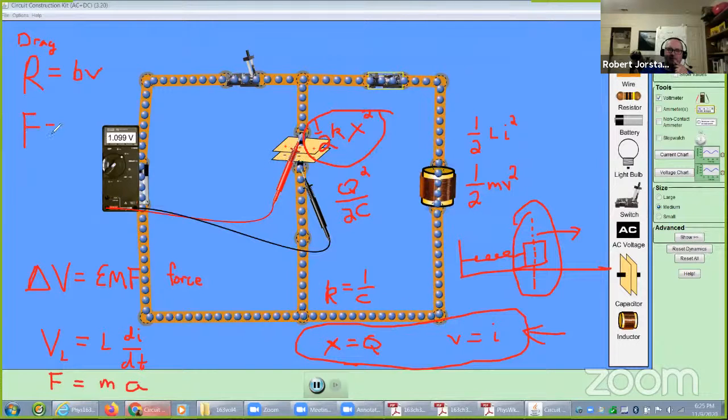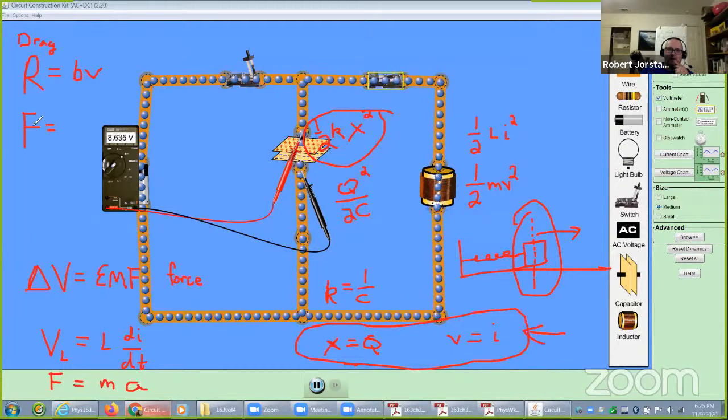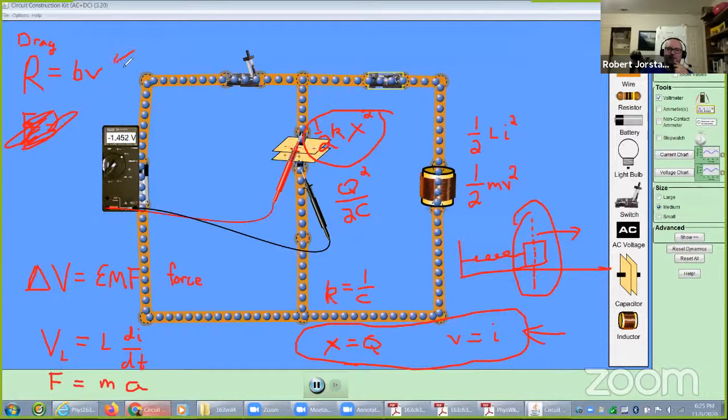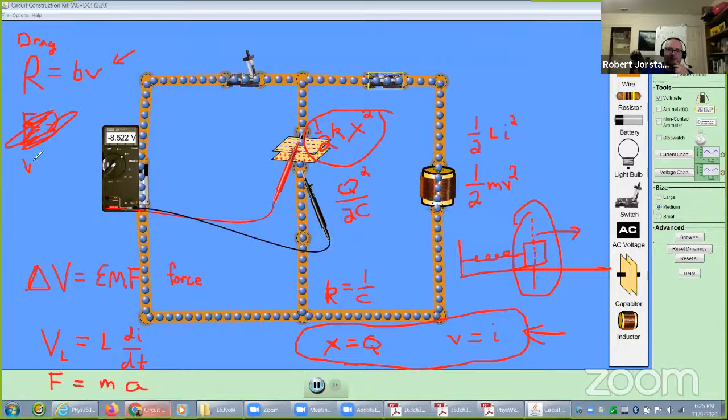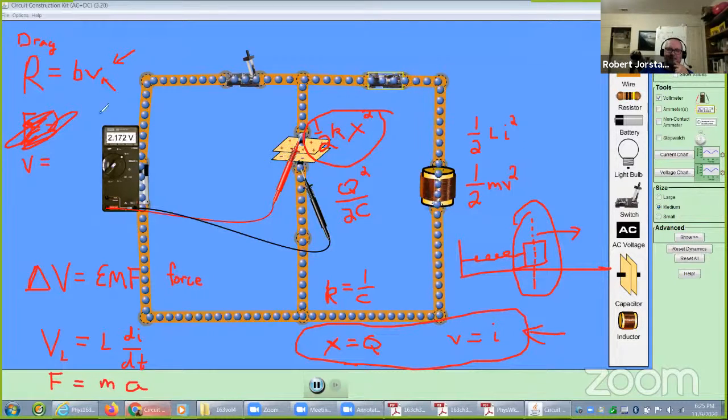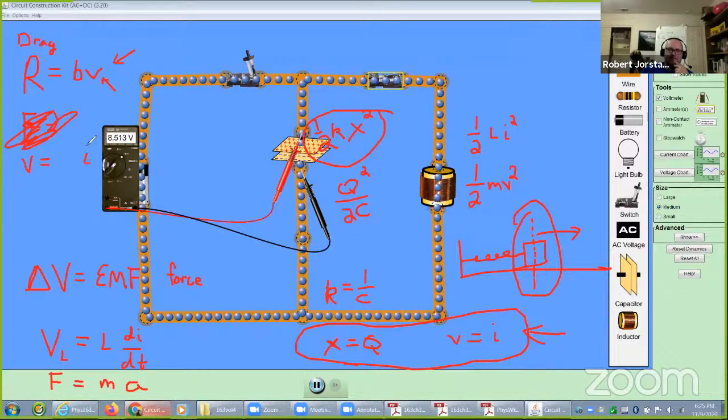Force equals, well, actually, okay, so this is the force equation, right? So the equivalent of force is voltage. The equivalent of velocity is current. What do you think the drag constant is?